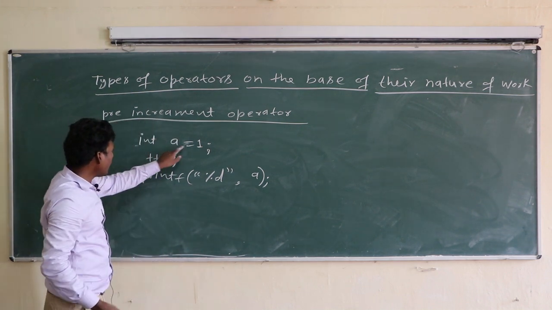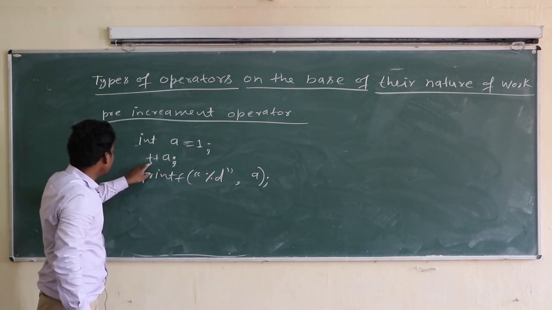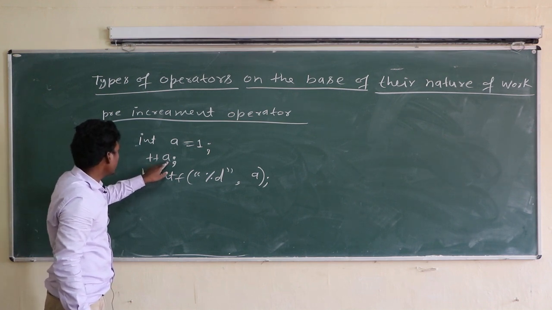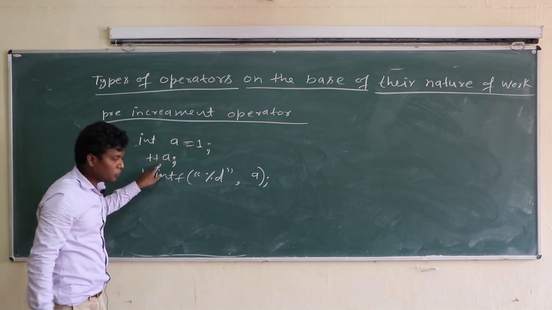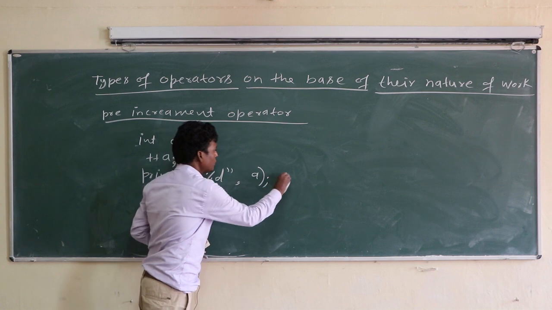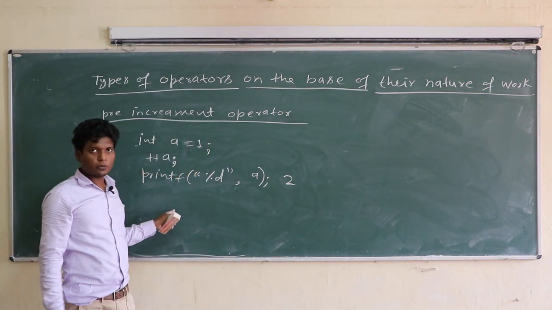So a has value 1, the pre-increment operation is performed with a, so plus plus a becomes 2 from 1. When you print %d a, the result will be 2.